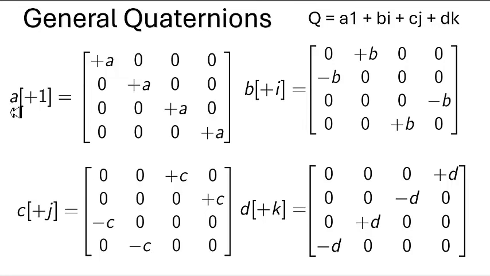If you multiply it by this matrix, then you're going to get this matrix here. So you're going to end up with A on the forward diagonal.